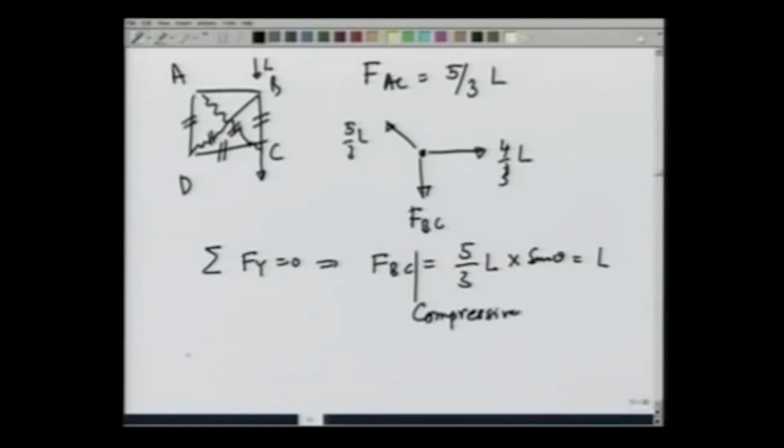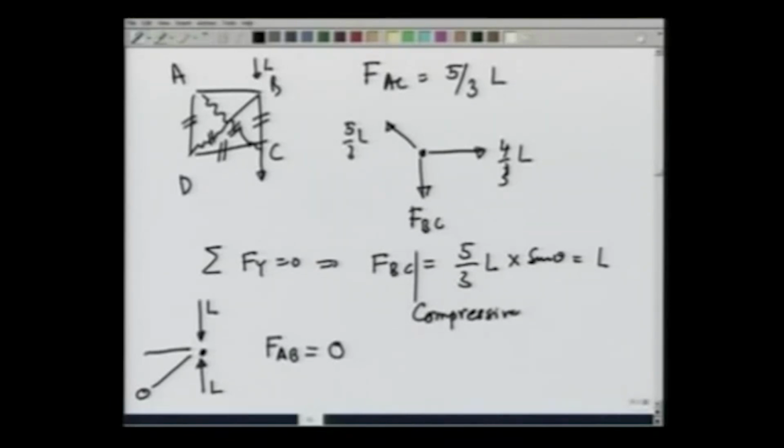Let us now look at point B. The joint B is under load L, then it is being pushed by F_BC by L. There is no force, 0 force due to the rope, and therefore, F_AB comes out to be 0.